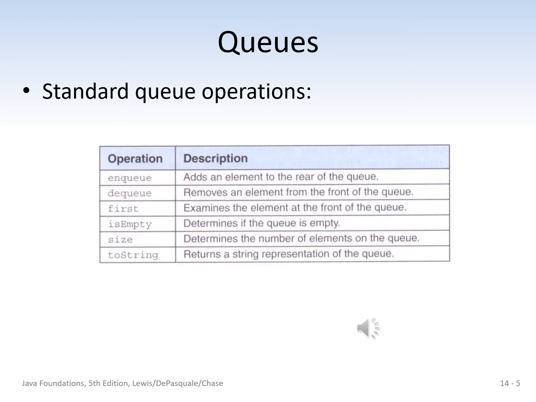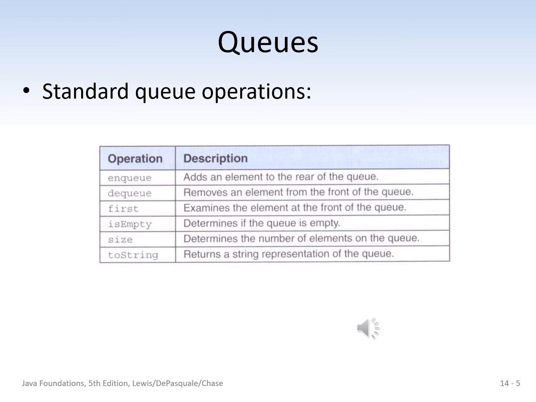Dequeue removes an element from the front of the queue. First examines the element at the front of the queue. IsEmpty determines if the queue is empty. Size determines the number of elements on the queue, and toString returns a string representation of the queue.